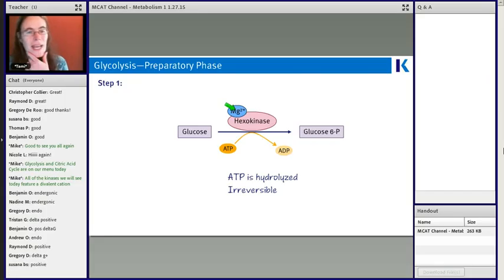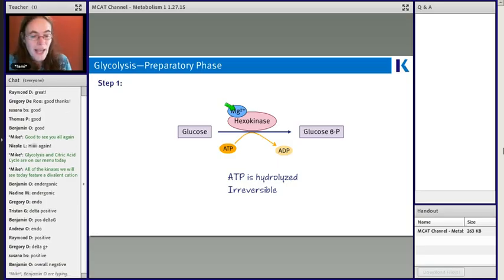It's a large negative. So this is actually exergonic, guys. This is exergonic because I release energy. Any time that I break a phosphate bond, I'm releasing a bunch of energy. So because energy is released out of the system, it's exergonic. My product has a much, much lower energy than my substrate.